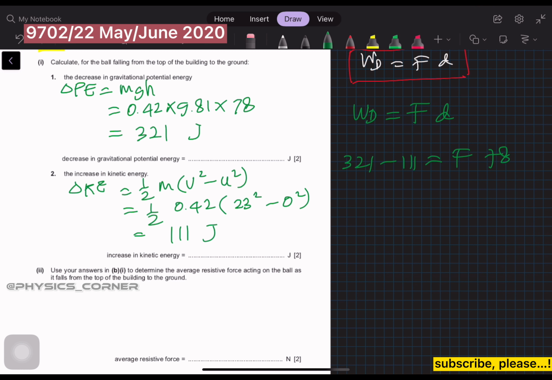So I calculate this. Force equals 321 minus 111, divided by 78. This is about 2.69, or maybe we round off, about 2.7 newtons. That's it.